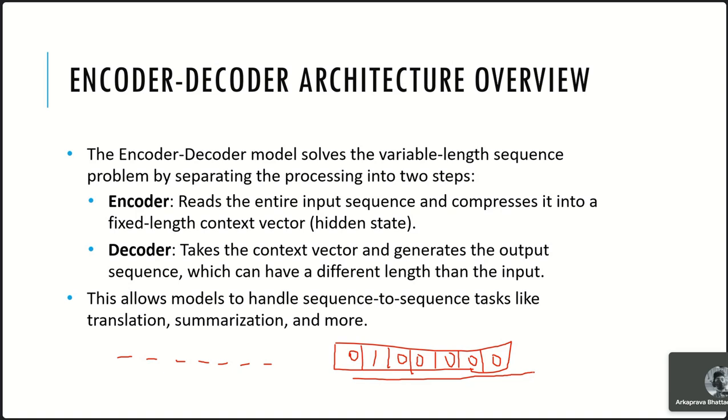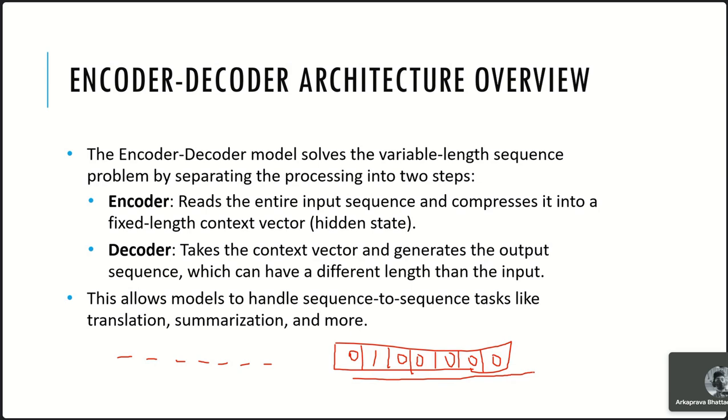Once the encoder converts a simple English word into a context vector, that means a word embedding, that word embedding is then fed into your decoder.